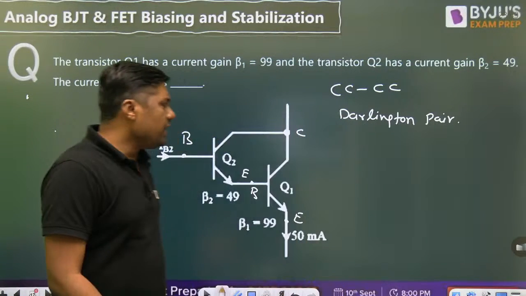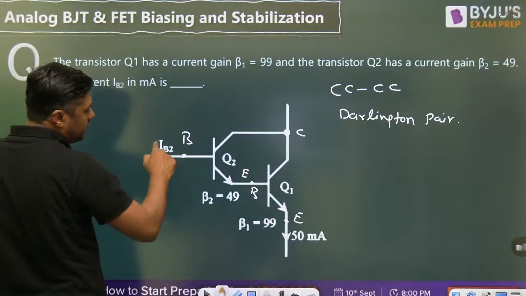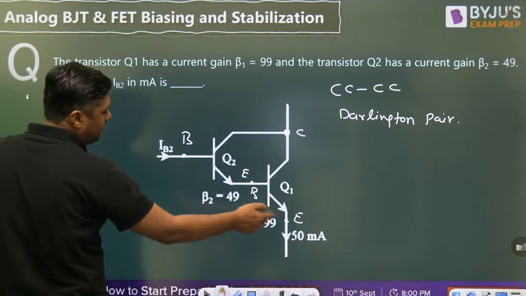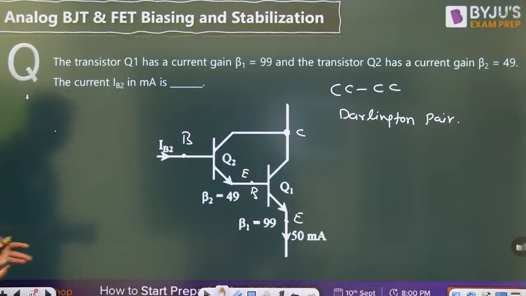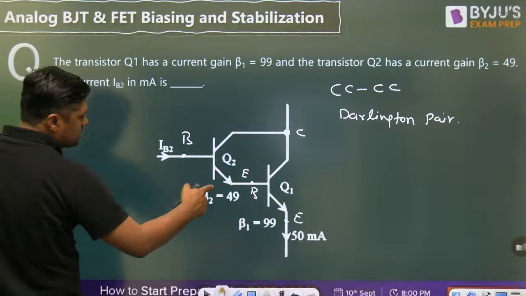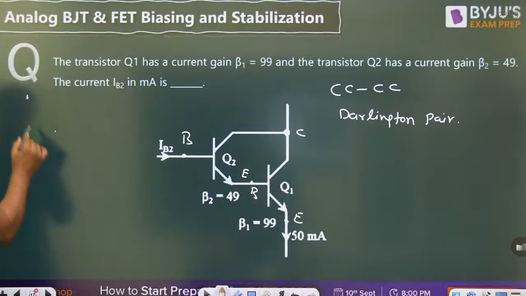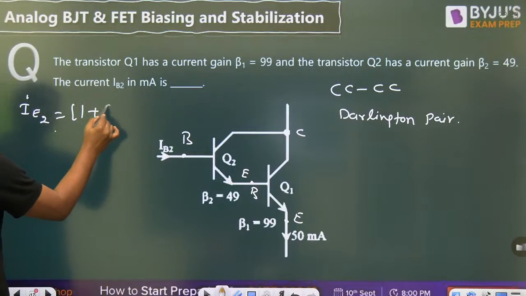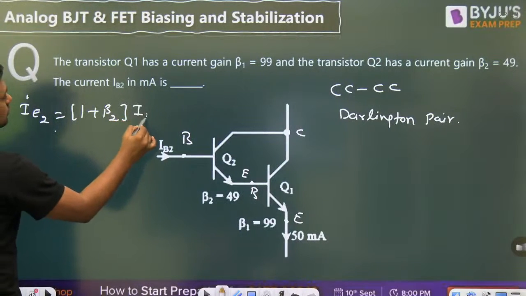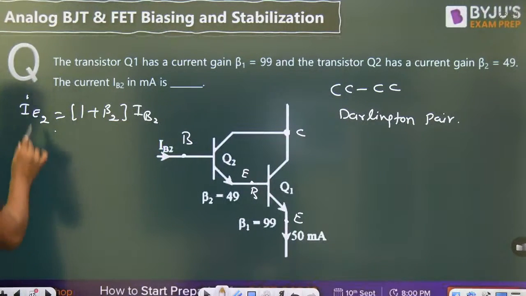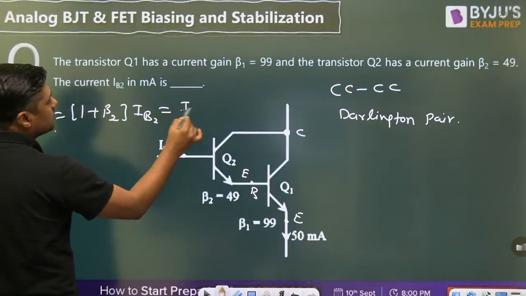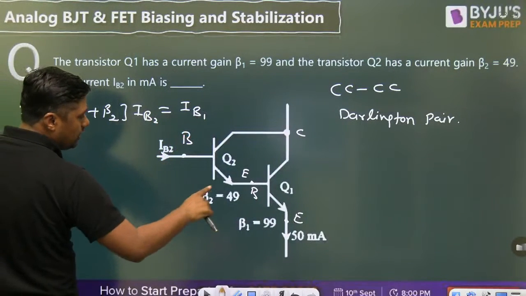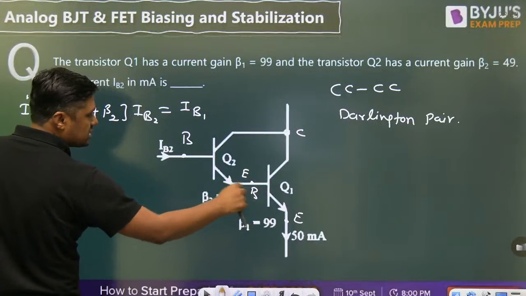So Darlington pair means what? First of all, it will amplify the signal and then it will amplify the signal again. So what is the IB2? IE2. What is the IE2? 1 plus beta 2 times IB2. Now this IE2 will become IB1 for this transistor.